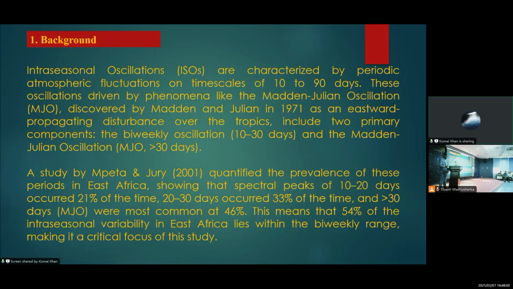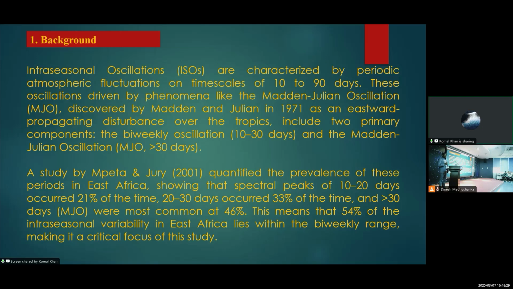What is ISO, intraseasonal oscillation? These are oscillations characterized by periodic atmospheric fluctuations on time scales ranging from 10 days to 90 days. These oscillations are driven by phenomena like the Madden-Julian Oscillation, or MJO.